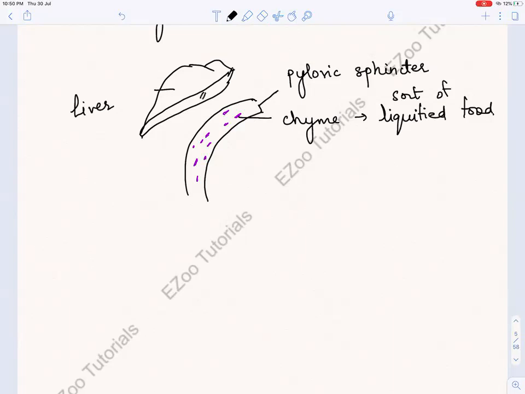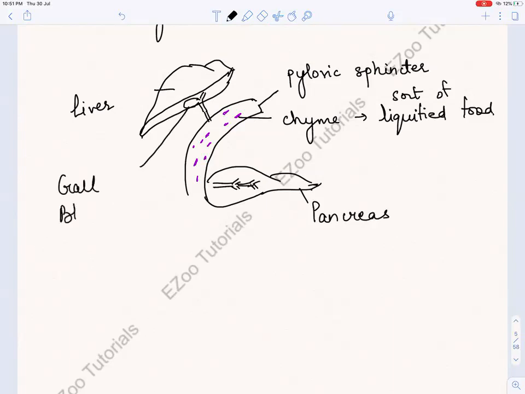And then there is this gallbladder. And then there is this pancreas also, with the pancreatic duct. So these are the pancreas, and this is the gallbladder. So what is the liver doing?